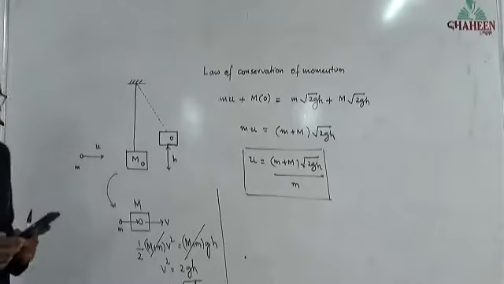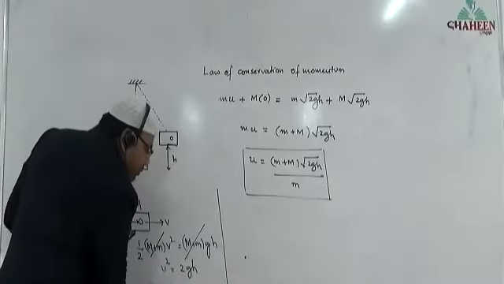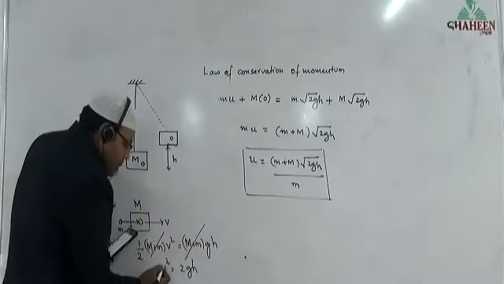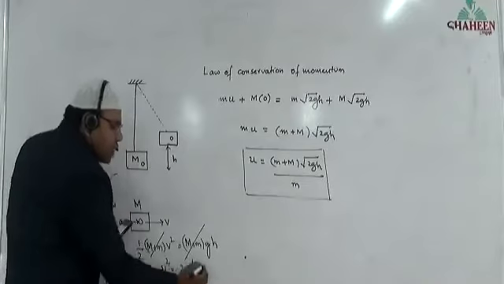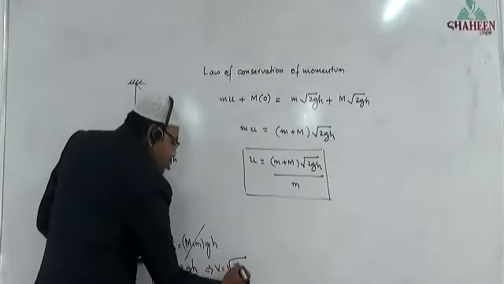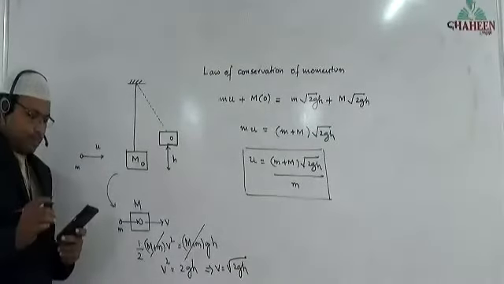Okay, fine. You cannot see the bottom part, so I am writing here. No need to worry. I am writing this part. Here v square is equal to 2gh, so I am writing here only. So v is equal to under root of 2gh. Is it okay? Now is it visible?